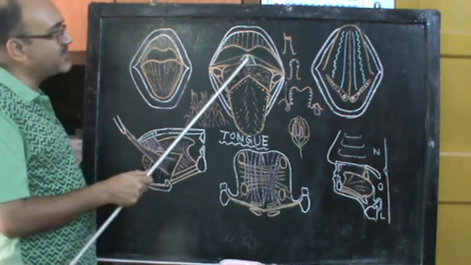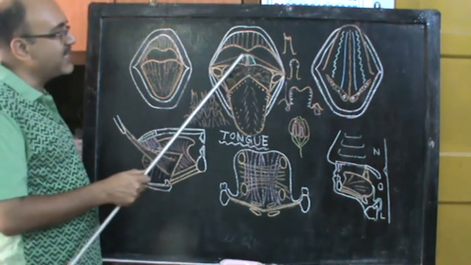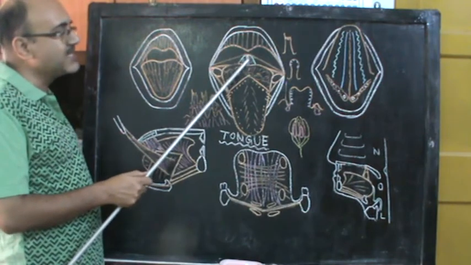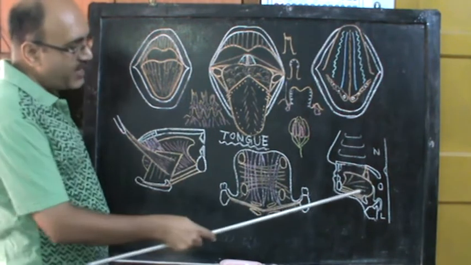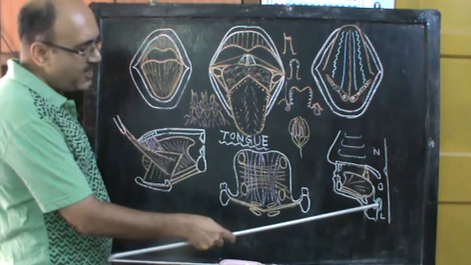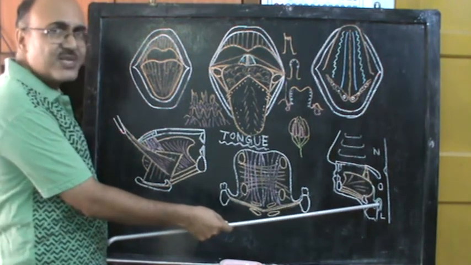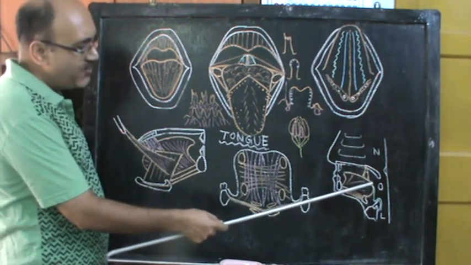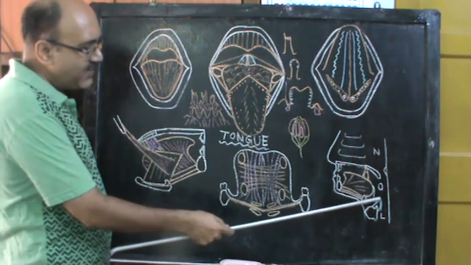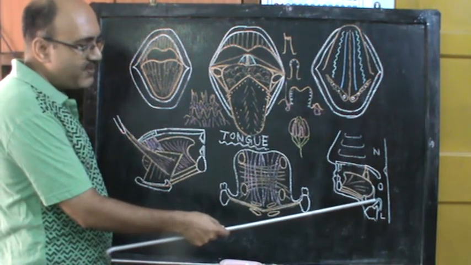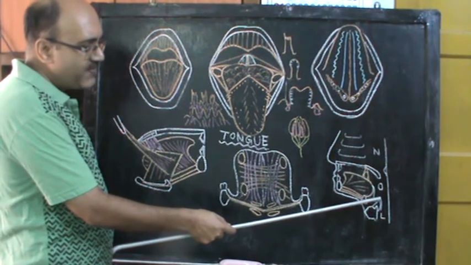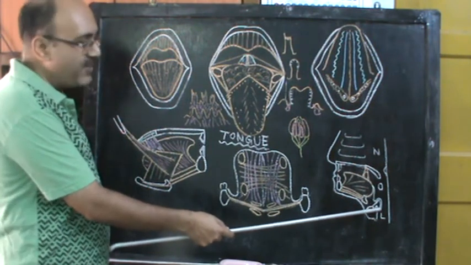So behind the posterior 1/3 of the tongue, this elevation that you can see is that of the epiglottis. You can make out that the mucous membrane of the tongue is reflected to the posterior wall of the epiglottis, then the tip of the epiglottis, then the anterior wall of the epiglottis.